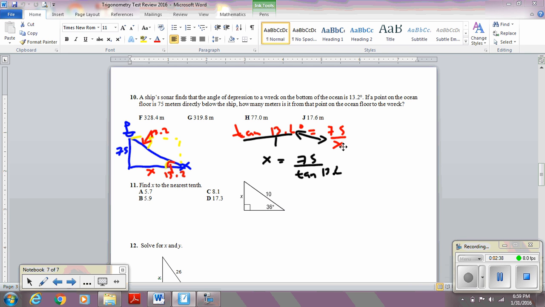This means we're going to divide 75 by tan of 13.2, and it can be done in one step on your calculators. And you get roughly 319.8 meters. So G is our answer choice.